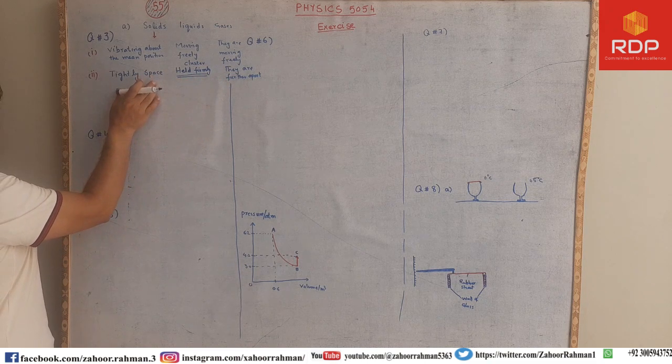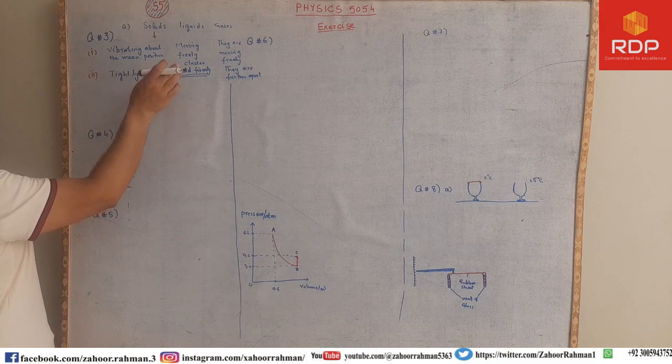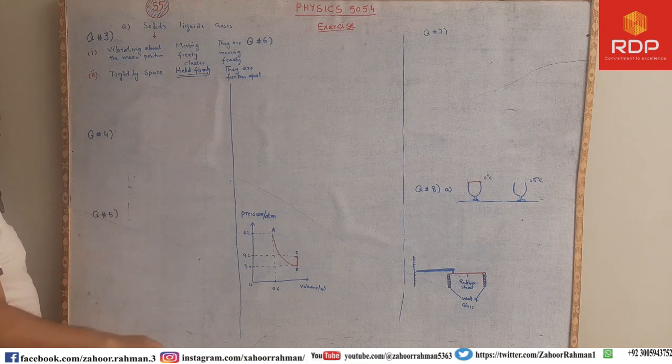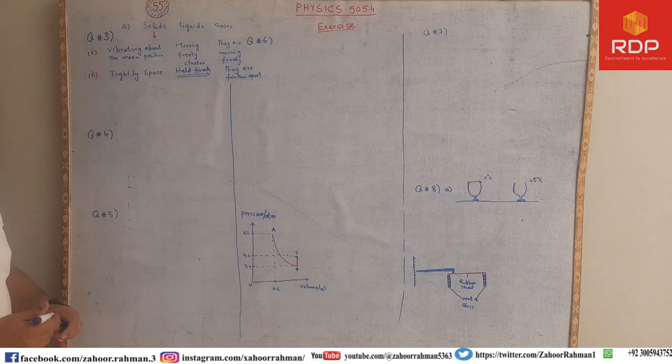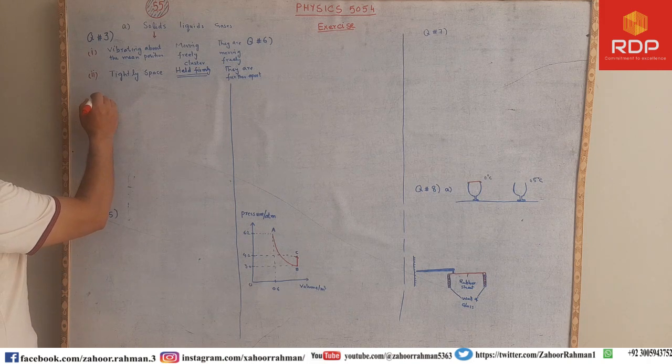In solids the density is very high, in liquids the density is also high, and in gases the density is not that high. So that was in terms of the spacing of the molecules.